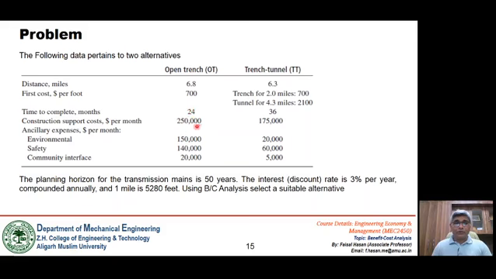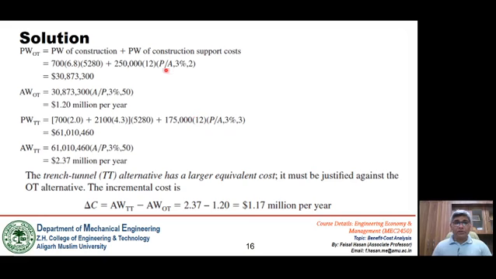This is the total cost per year, A is given, we have to compute P, the interest rate is 3%, and the duration is 2 years. If we compute this, it will be the present worth of the open tunnel project.